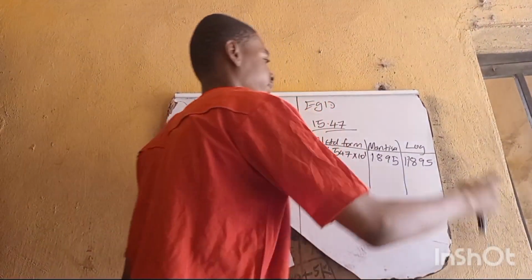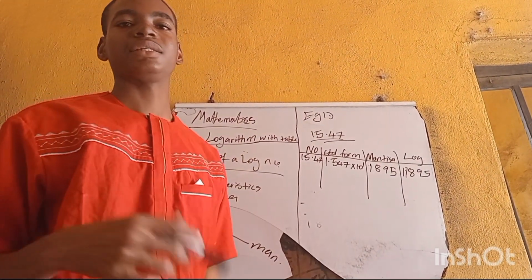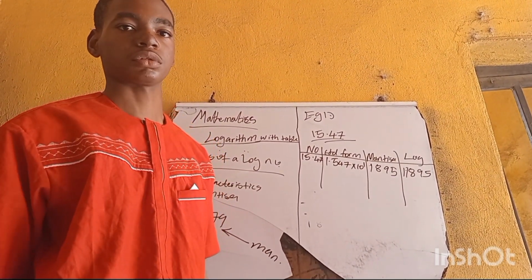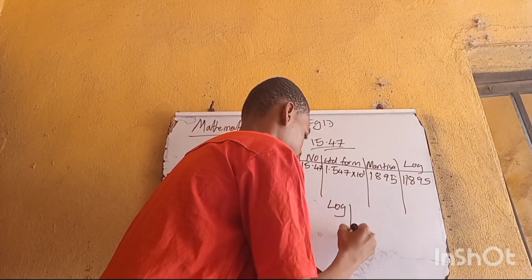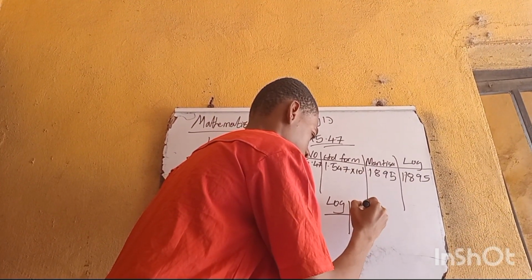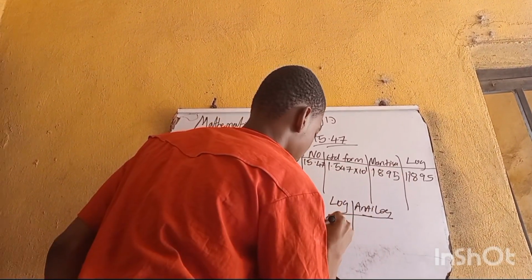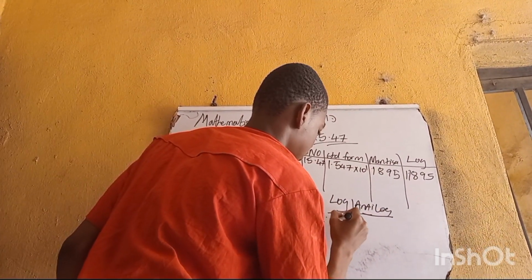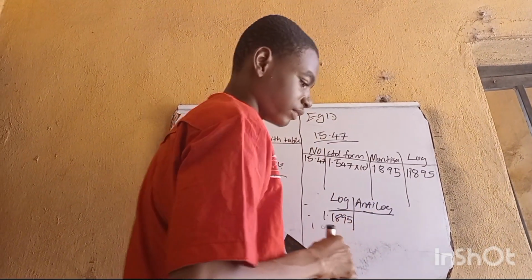Now, as we know, after finding the logarithm of a number, there's also something called anti-logarithm, anti-log for short. The logarithm of this number is 1.1895. Now the anti-logarithm. Pick up your four-figure table.